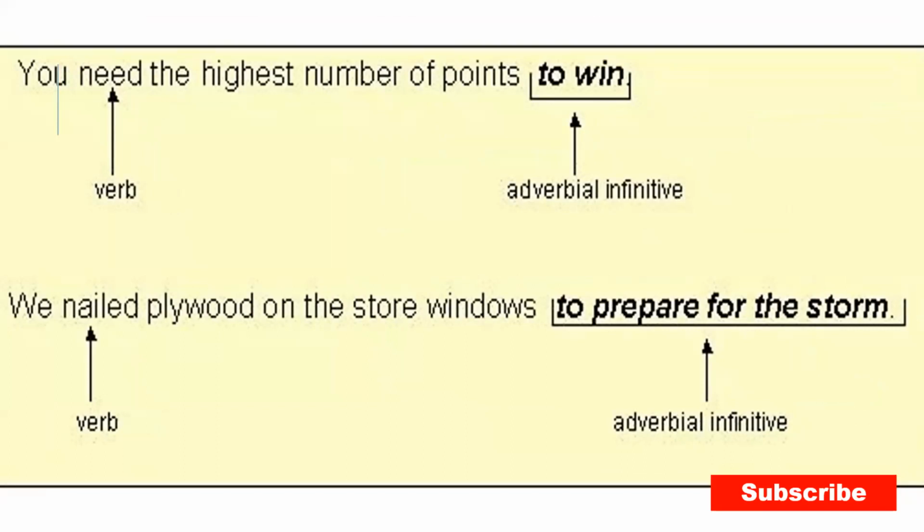And here, the adverbial infinitive is telling us how you would be winning, in which manner you would be winning. You would be winning if you score the highest number of points. So, "to win" is considered an infinitive. Like I told you, whenever a verb comes with "to", that "to" plus verb form is considered an infinitive, and it is not telling us about any tense of the sentence.